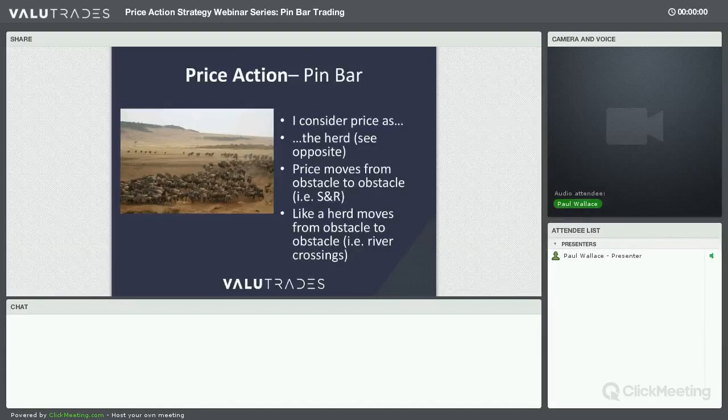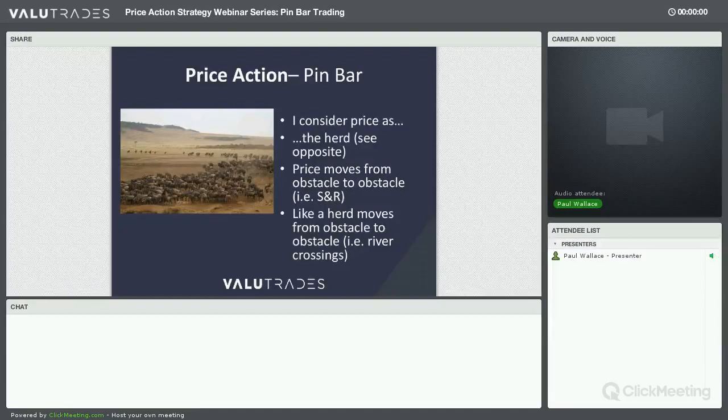So I consider price, when we see price moving across a chart, I see price as like the herd, almost like the herd of wildebeest you'll see crossing the savanna plains of Africa. And when I look at a chart, I see prices moving from one obstacle to another.